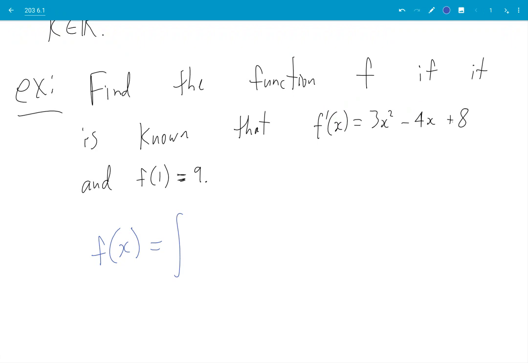The original function is the indefinite integral. Okay, you can put a plus c here. The theorem has a plus k, so it doesn't really matter.